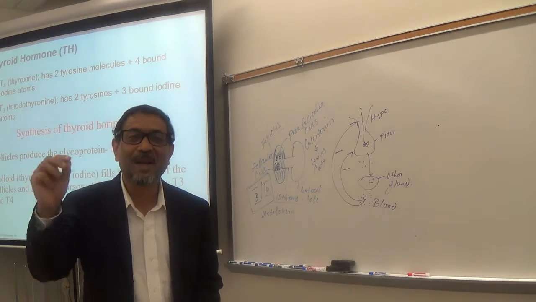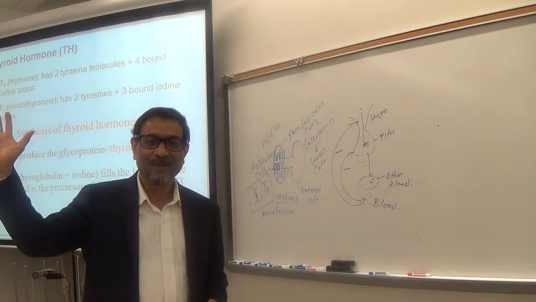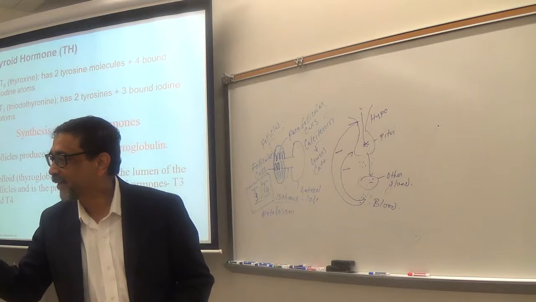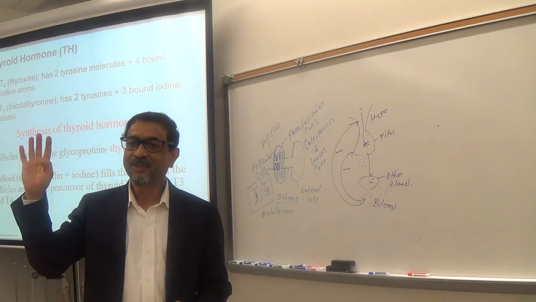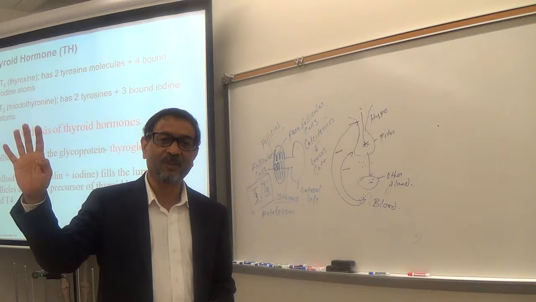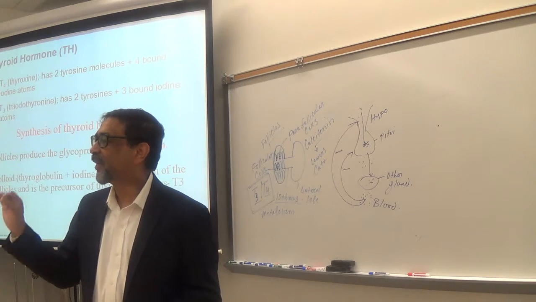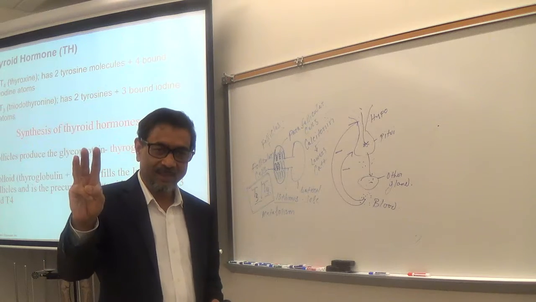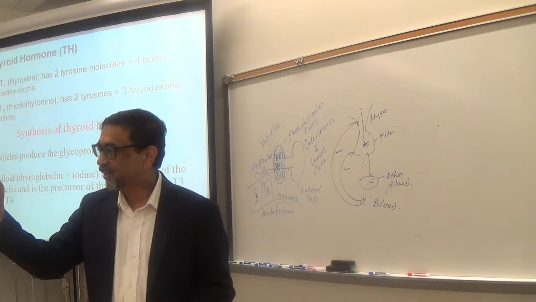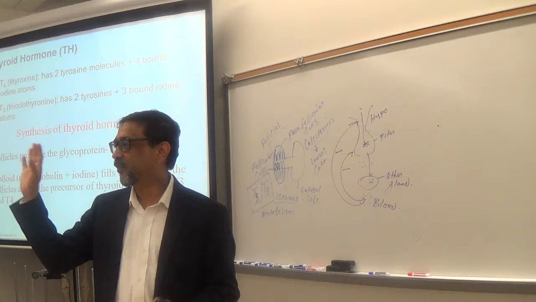Triiodo, it is telling you. And T4 has how many iodine atoms? Tetraiodothyronine, that means 4. So to make T3, how many iodine atoms do you need? 3. To make T4, how many iodine atoms do you need? 4. Is it clear?